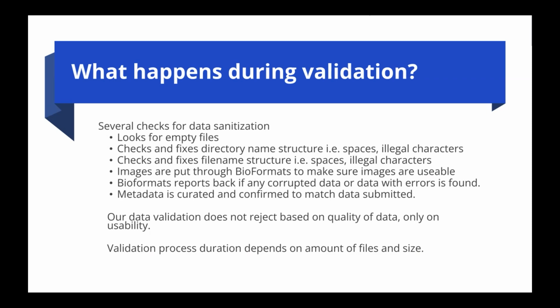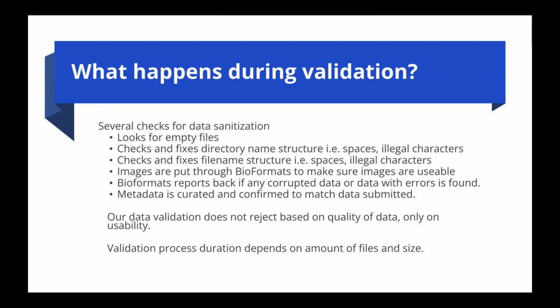We run it through bioformats just to make sure the images are usable. Essentially, this checks if you can A, open the file, or B, if the file that opens is actually something that has an image there, or if it's something like a black screen or there's nothing there, that would kick back and let us know that something might have happened, where a file got corrupted during transfer or something like that.